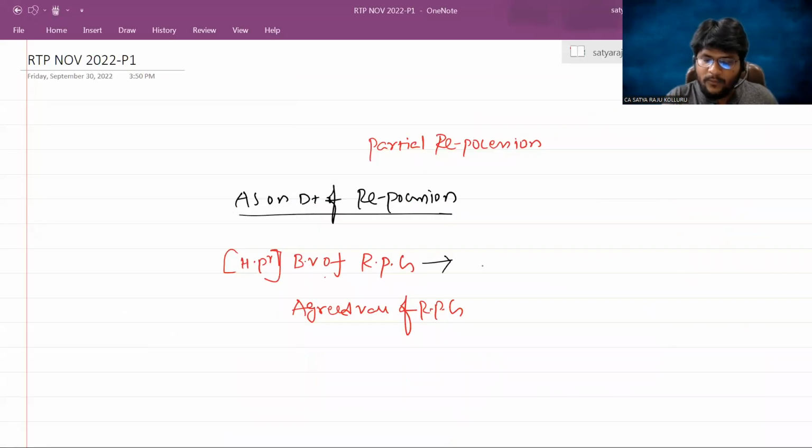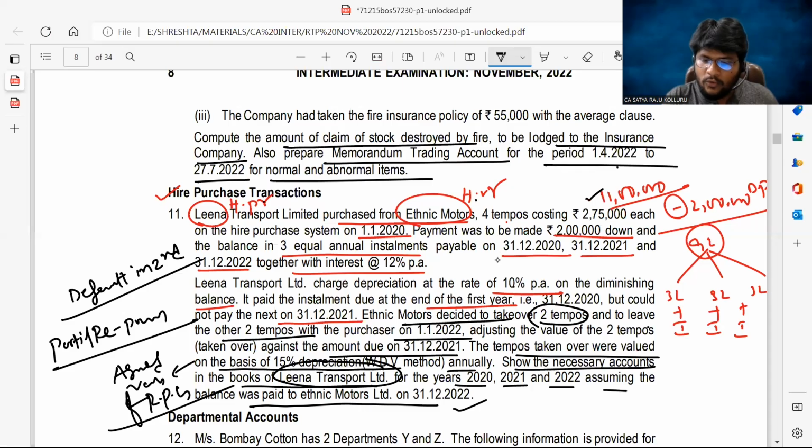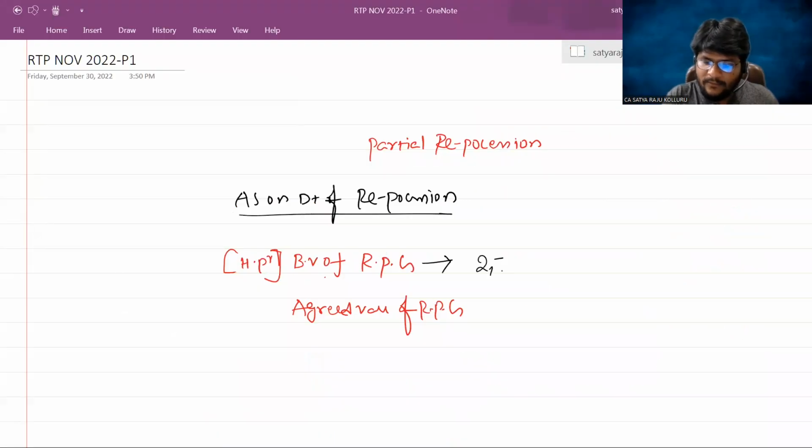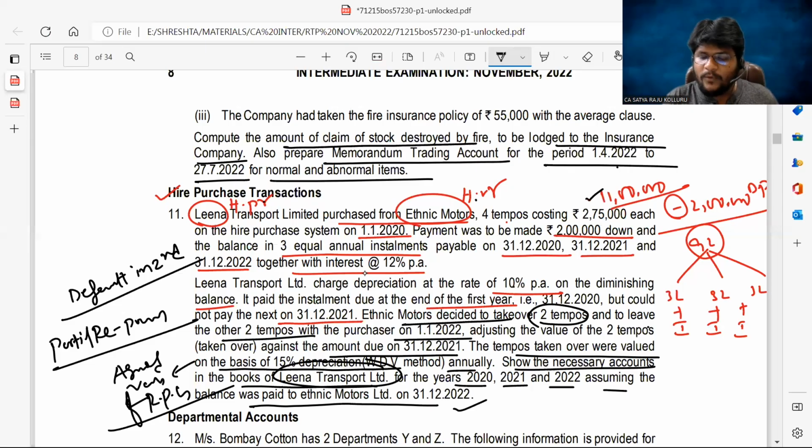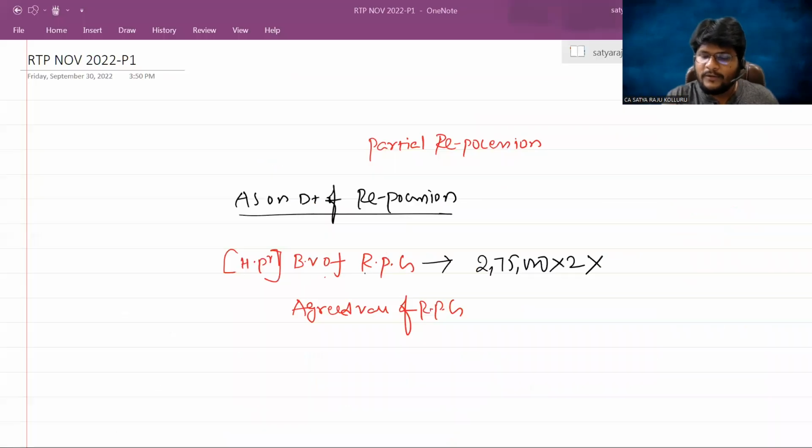So the book value of the repossessed goods, one tempo 2,75,000, multiplied for two tempos by 2, and the book value means they might already have provided 10% depreciation for 2 years. That is into 90% into 90% is the book value.